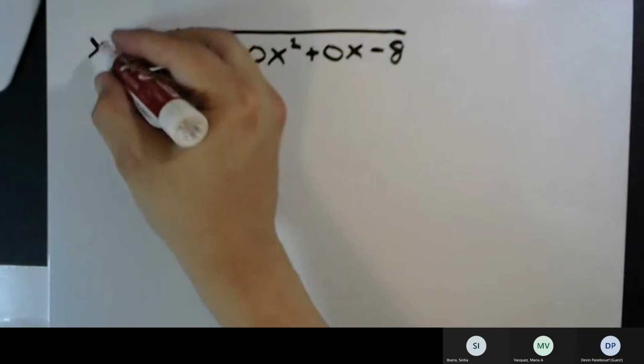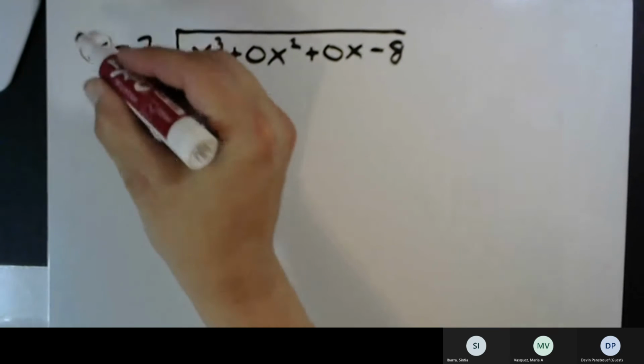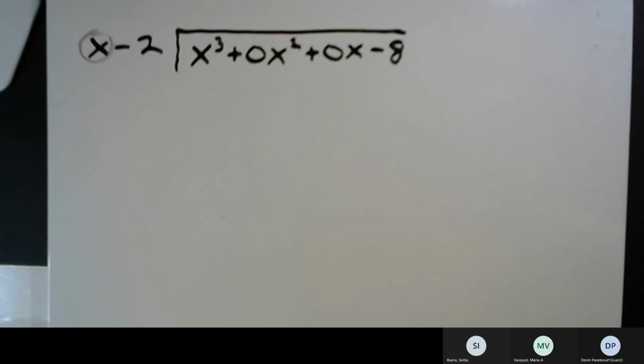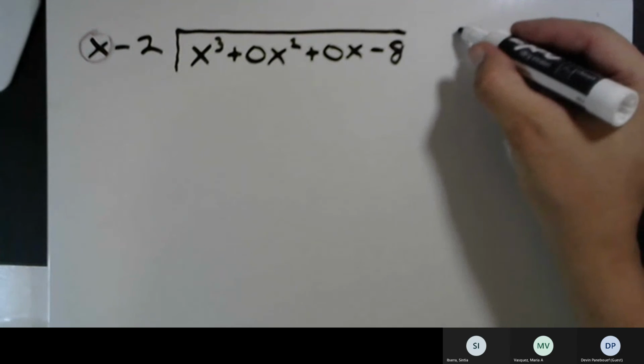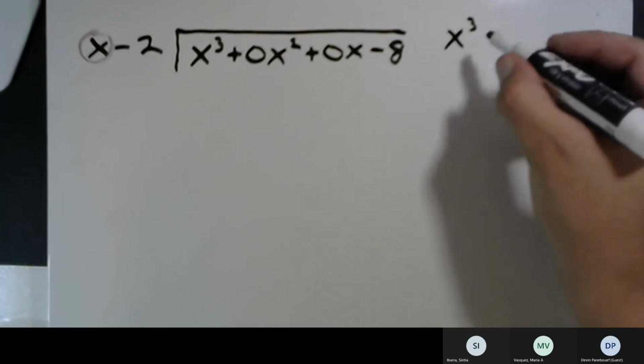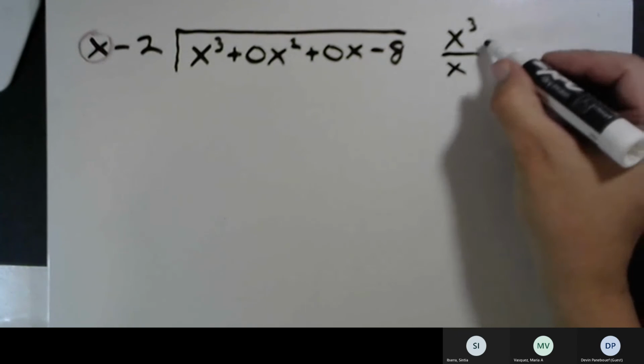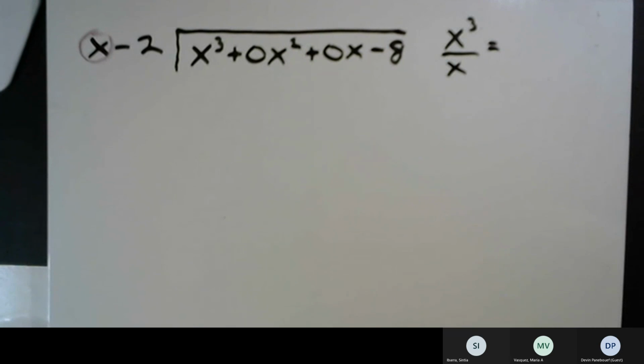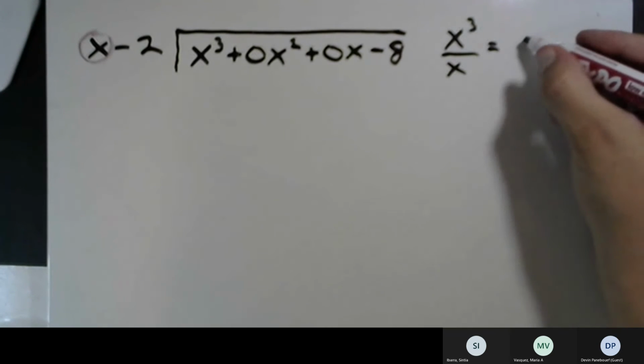So once again, this is going to be doing all the work. And we go first term and first term. X cubed divided by x is x squared.